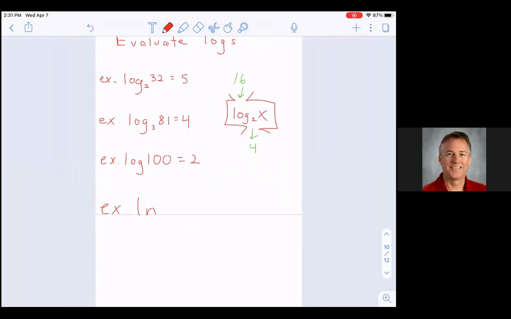E is the second most famous irrational number. It is about 2.7, but it's irrational. It keeps going on forever. It's second most popular because everybody learns pi earlier, because you do geometry earlier. But E actually has tons and tons of applications when it comes to real life exponential growth, which we'll get into. You got a question?